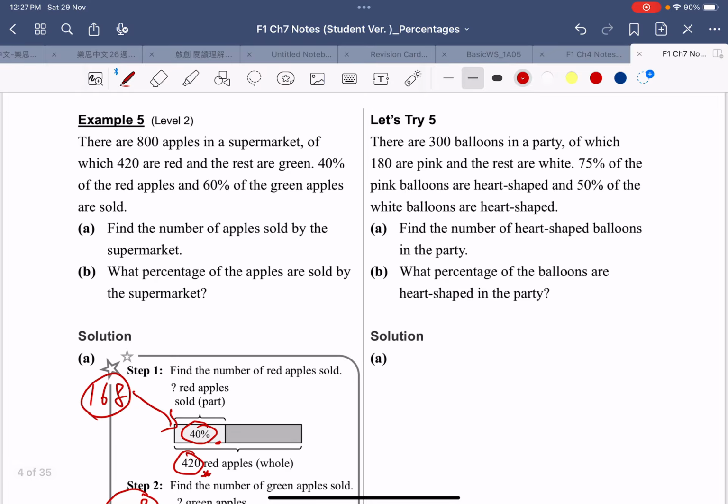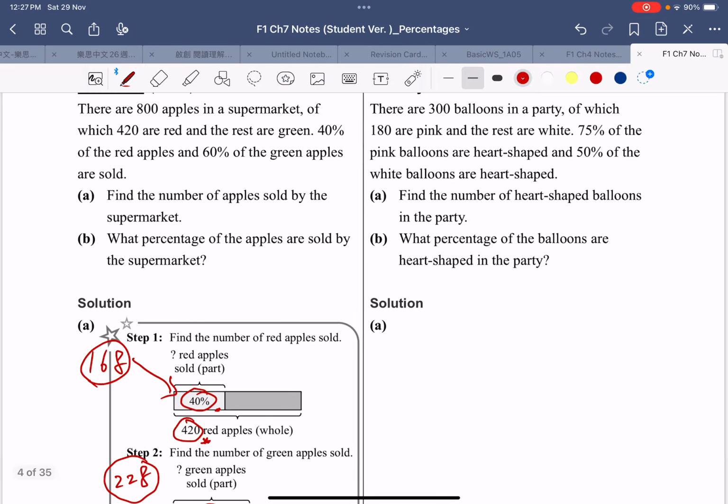Okay, so let's try the question on the right hand side. Do it by yourself.